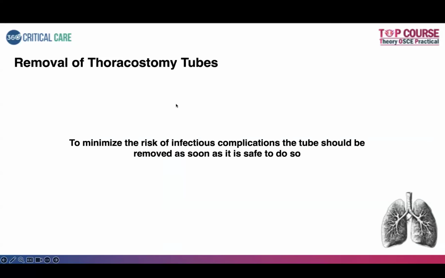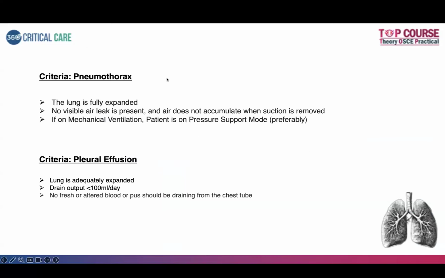So coming to the last part, that is removal of thoracostomy tubes. To minimize the risk of infectious complications, the tube should be removed as soon as it is safe to do so. As I said, one of the dreaded complications is infection. So if the indication for a thoracostomy tube has been satisfied, then it needs to be removed at the earliest.